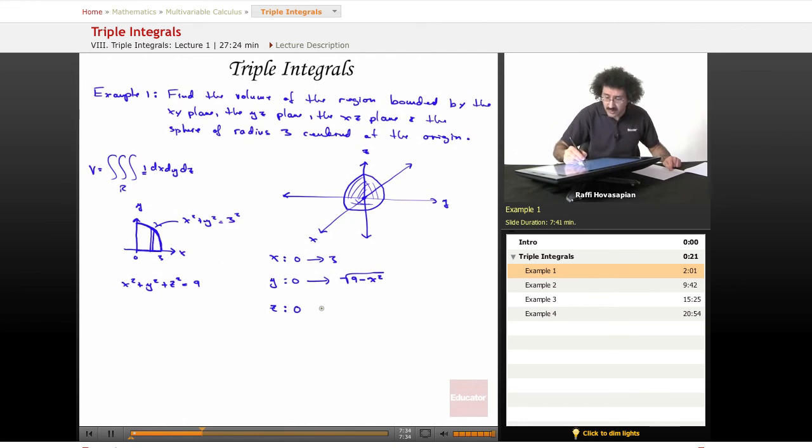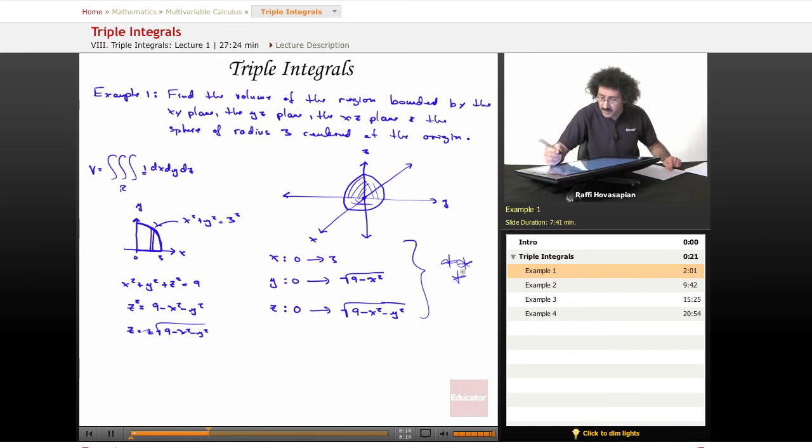It's going to be the lower limit of integration, and it's going to go all the way to the sphere. z squared equals 9 minus x squared minus y squared, so z equals plus or minus the radical of 9 minus x squared minus y squared. I take the plus version because I don't want everything below the xy plane. I want everything above it because I go up. So it is going to be radical 9 minus x squared minus y squared.